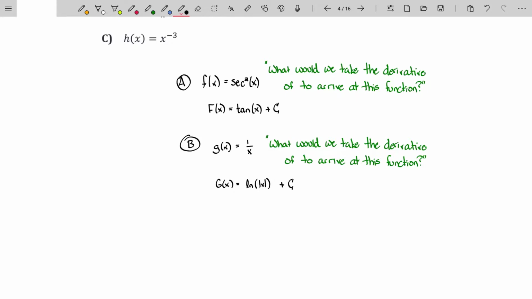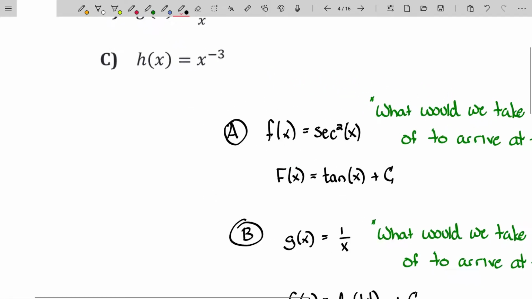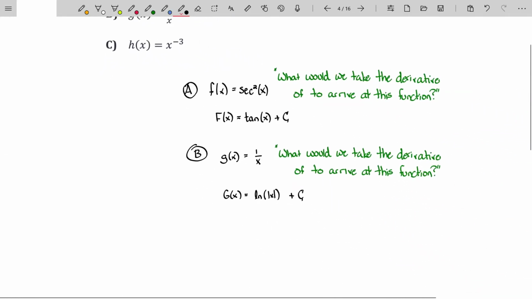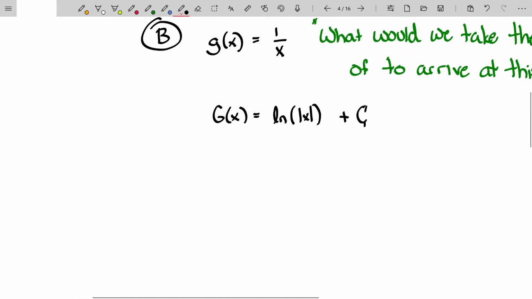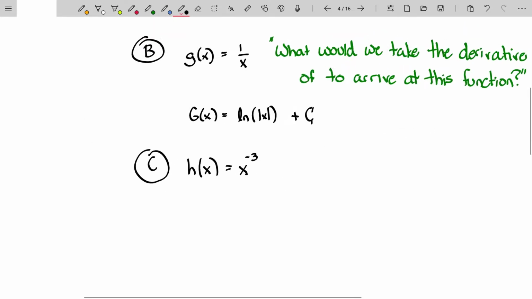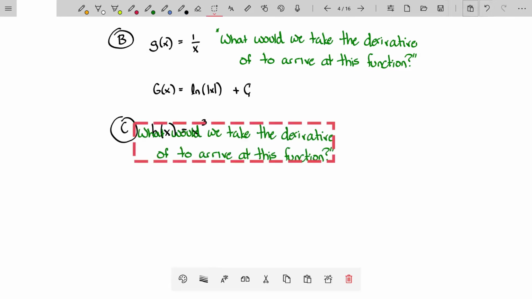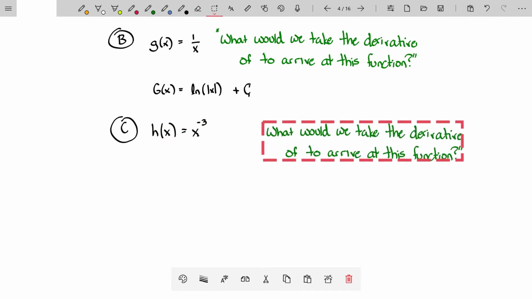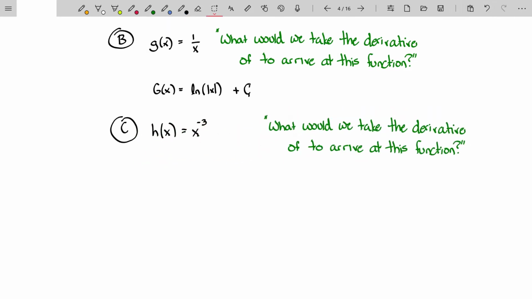Finally, let's take a look at that little h of x, which is x to the negative third, because I haven't really done any polynomial work, so why not? So little h of x is equal to x to the negative third power. And again, we just ask ourselves that question we've been asking all along. What would we take the derivative of to arrive at this function?